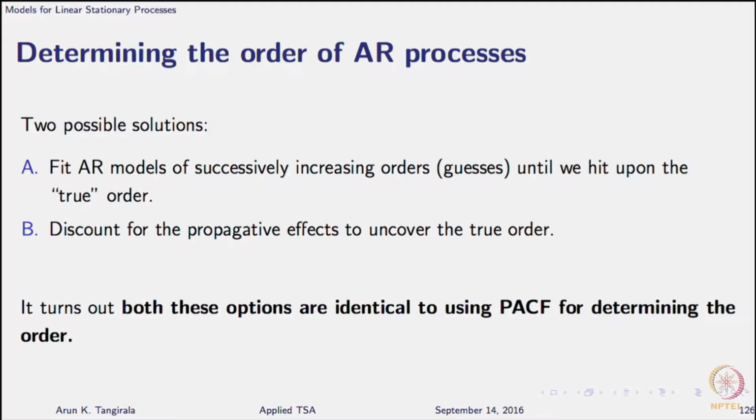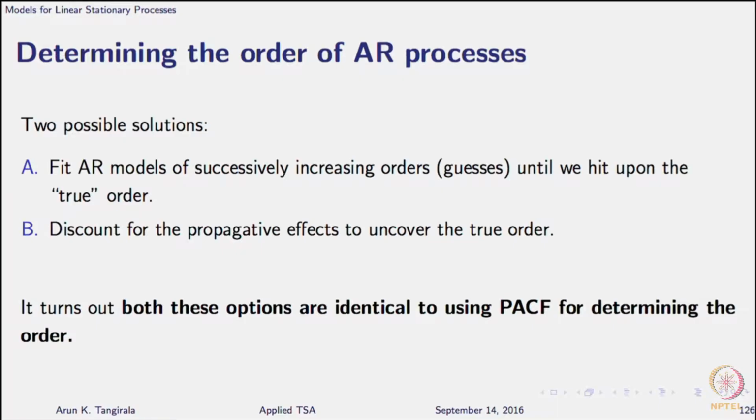The other approach is to discount for the propagative effects in the ACF, which leads us to the PACF. It turns out that both of them are actually equivalent to using the PACF, although on the face of it they appear to be different. Computing the PACF amounts to fitting AR models of successively increasing orders.